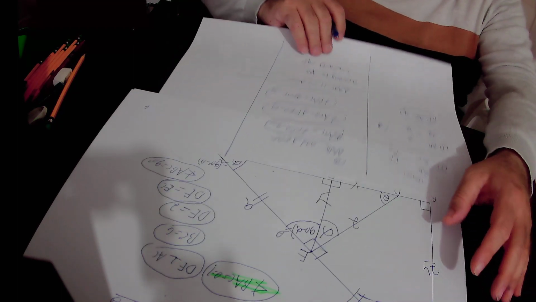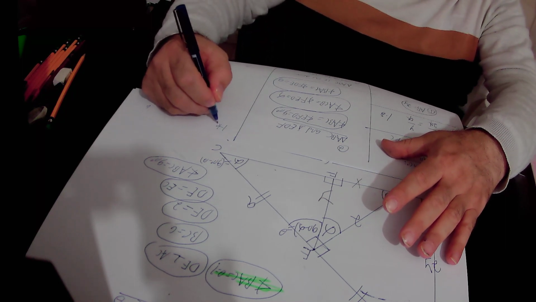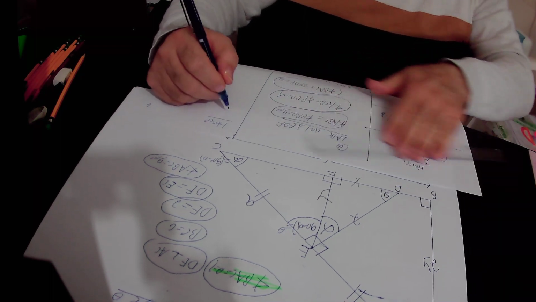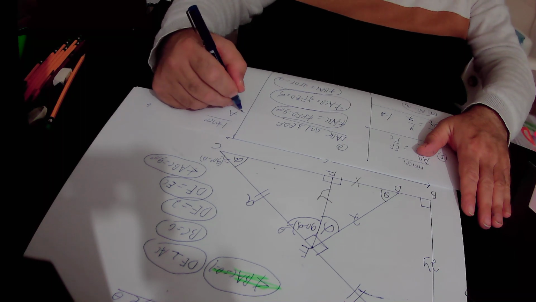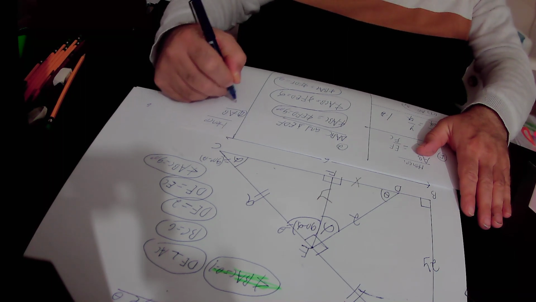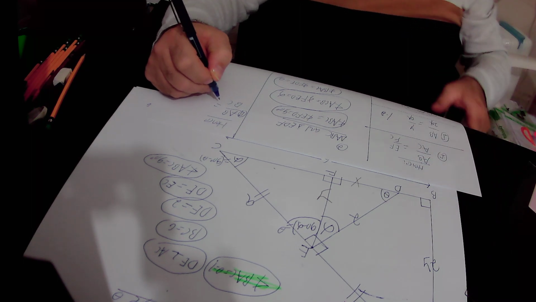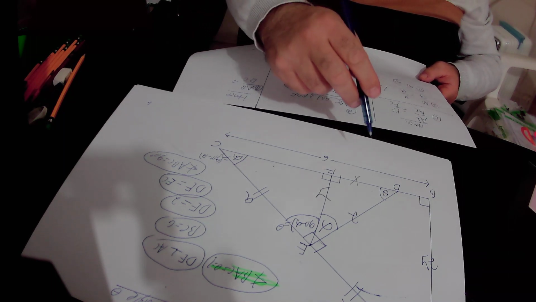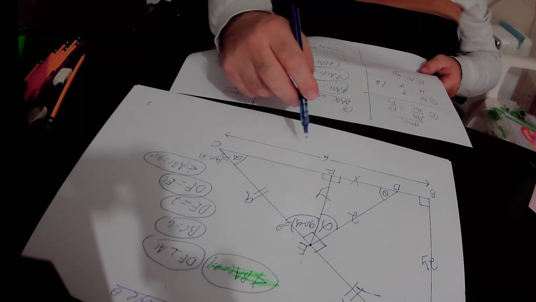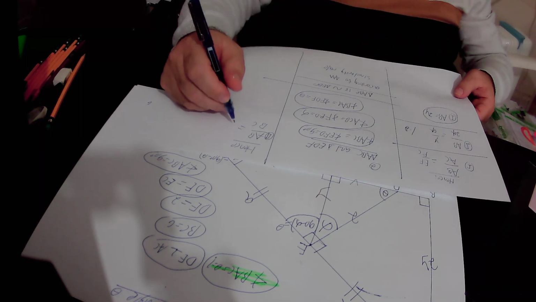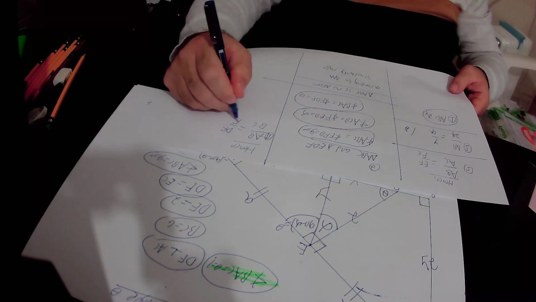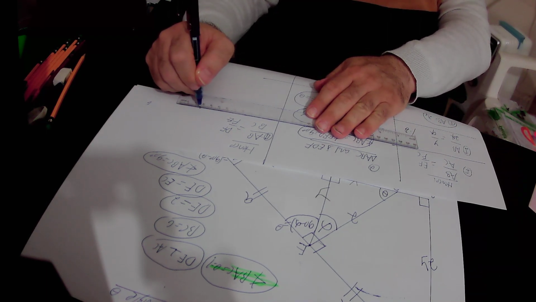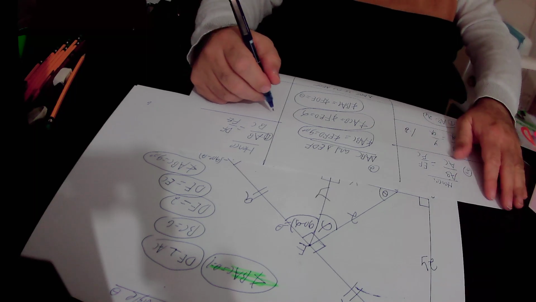And from the fact that those two right triangles are similar to each other, we conclude that AB over BC in triangle ABC is equal to DF over FE in triangle DFE.